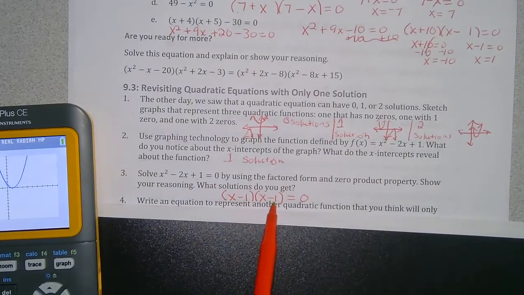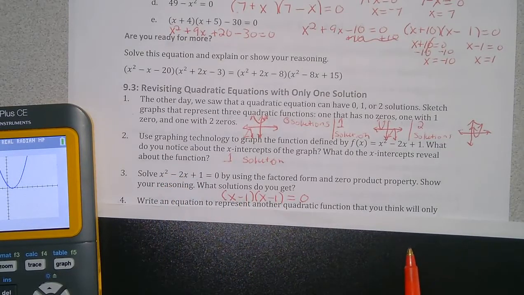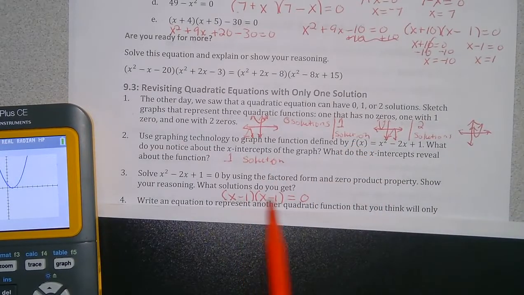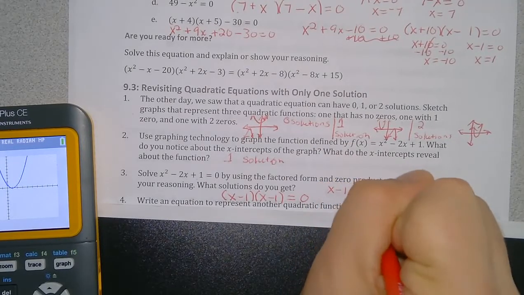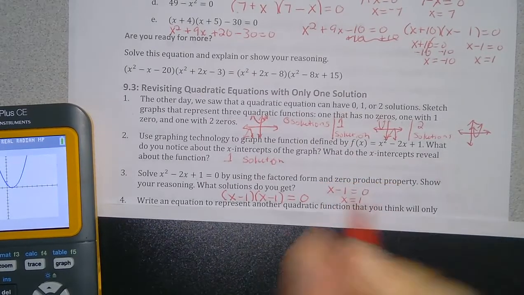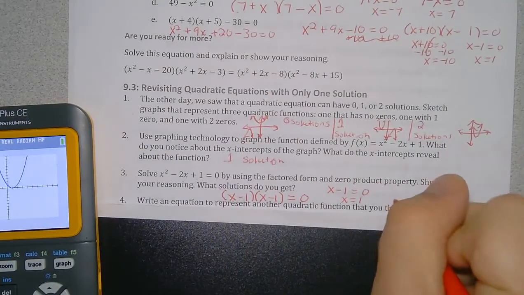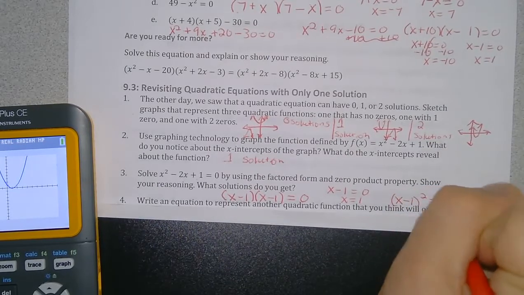Because negative 1 times negative 1 is positive 1. And negative 1 plus negative 1 is negative 2. So my solutions, if you look here, these are both going to make the same equation. X minus 1 equals 0, or x equals 1. And it's actually repeated twice. I could rewrite this if I wanted to as x minus 1 squared equals 0.